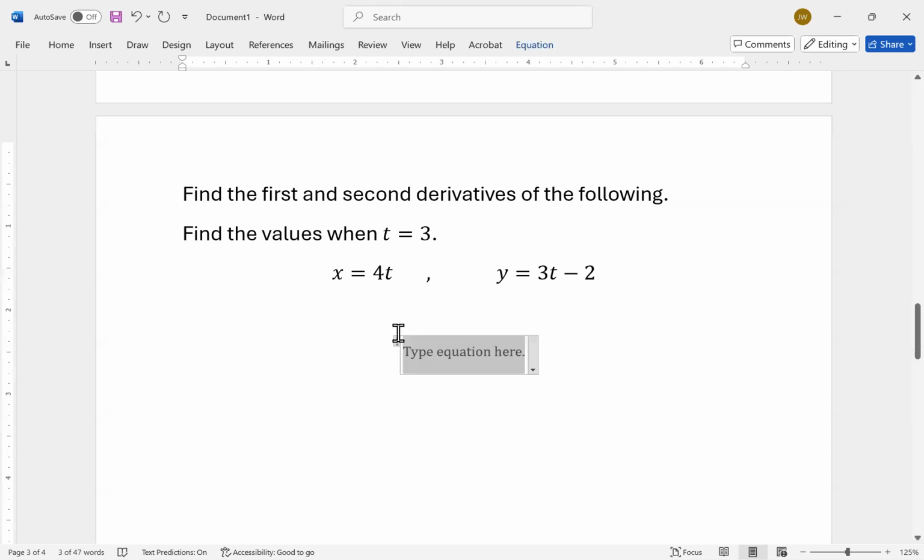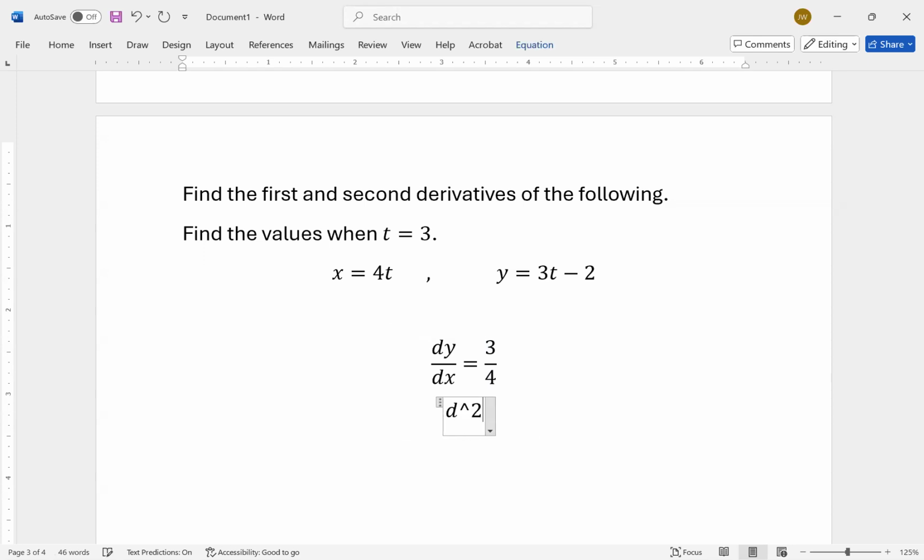Now, this one is pretty straightforward. It's an easy calculation. The derivative of y with respect to t is 3. The derivative of x with respect to t is 4. So my first derivative is just the constant of 3/4.